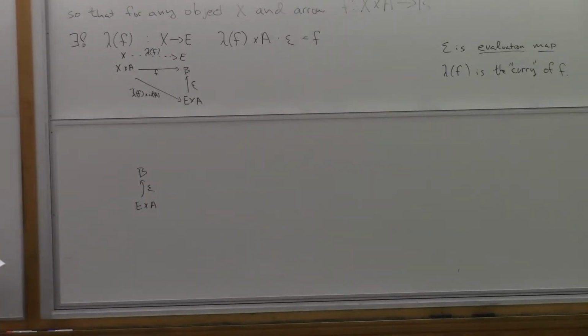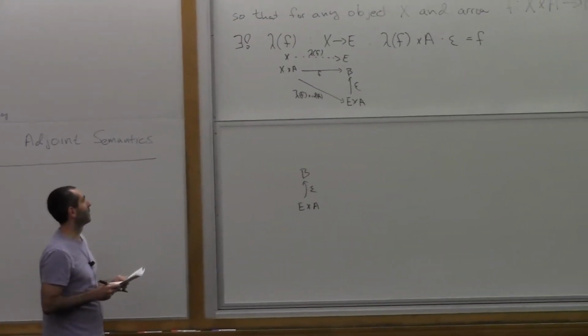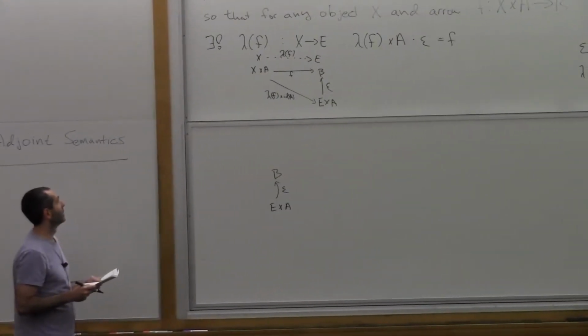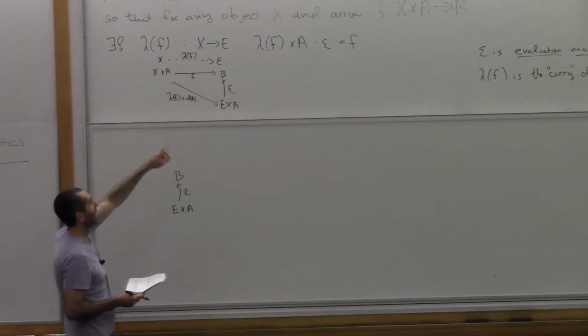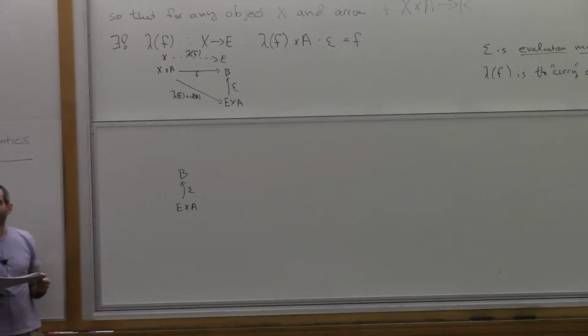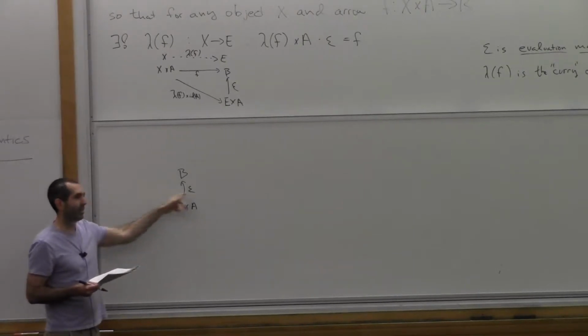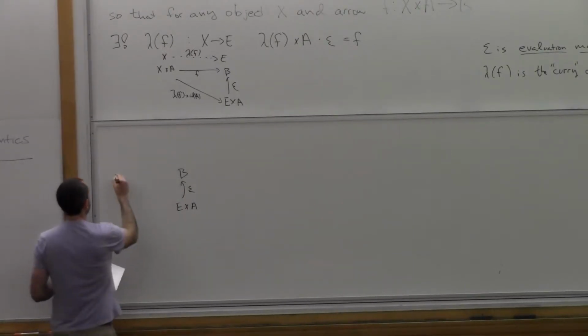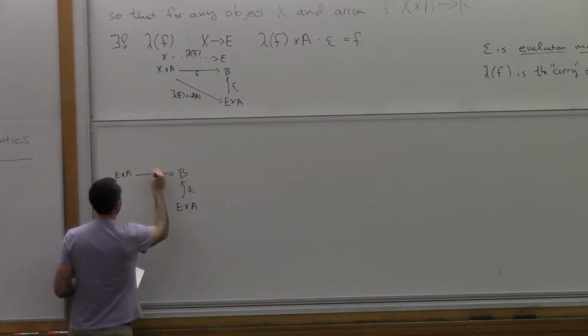And now, what does it mean to probe this with itself? What do we set to what? The things that we're universally quantifying over are the x and the f, right? So what should those be set to? How about E and evaluation? Okay, so here we do E cross A and go to B by evaluation.